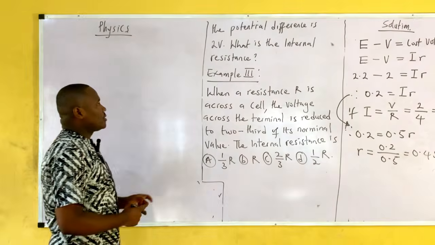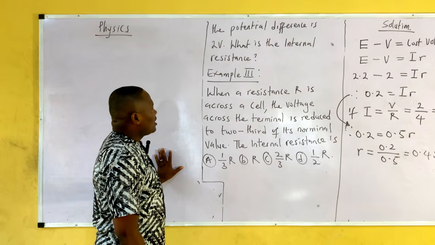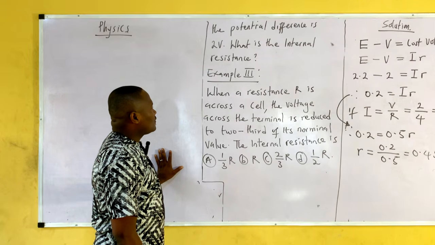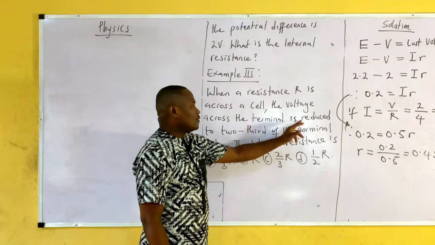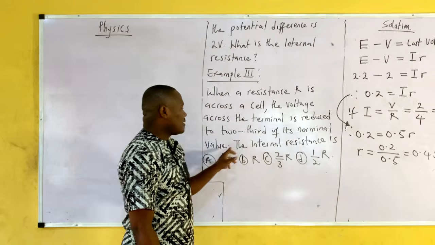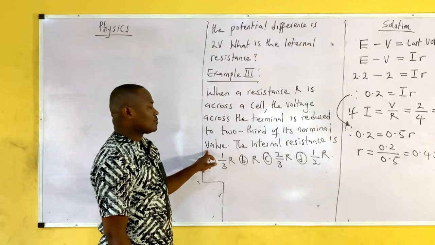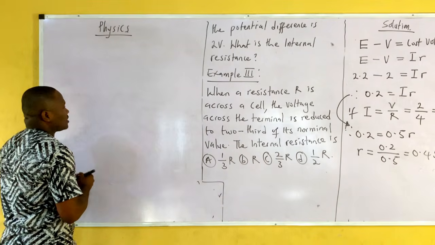Now let's see question number 3. It says when a resistance R is across a cell, the voltage across the terminal is reduced to two-thirds of its nominal value, of its real value. The internal resistance is dash. How do you attack this question?